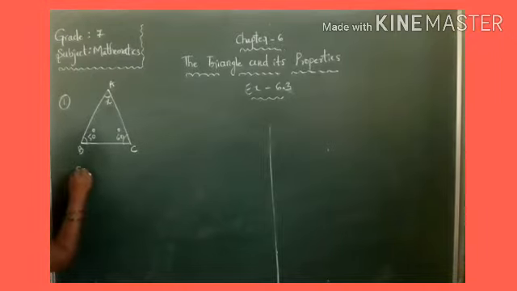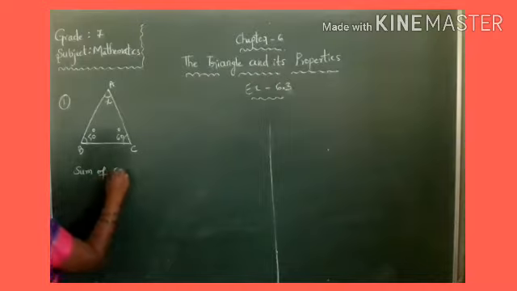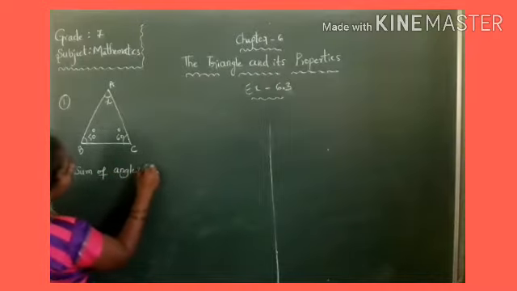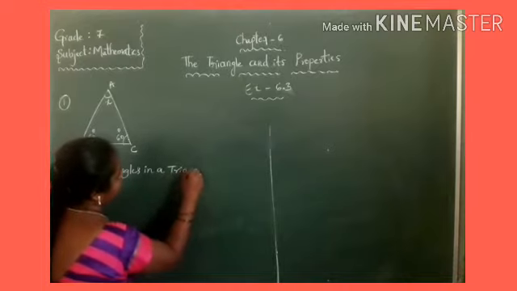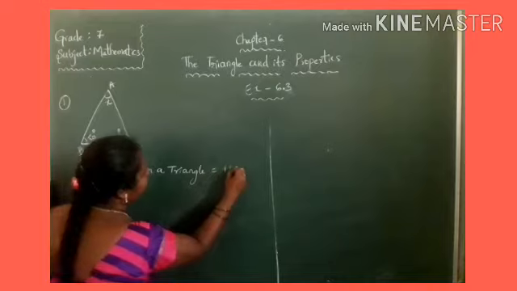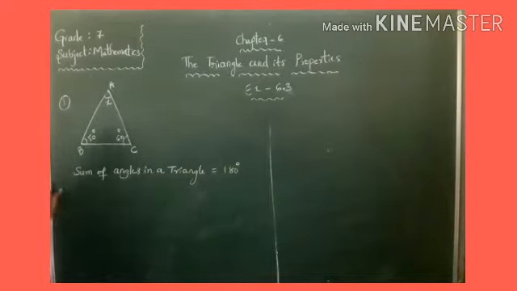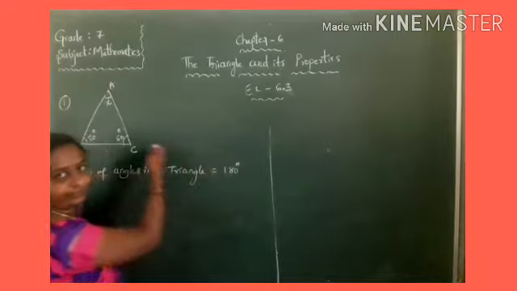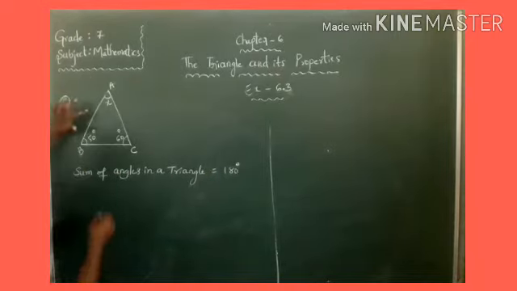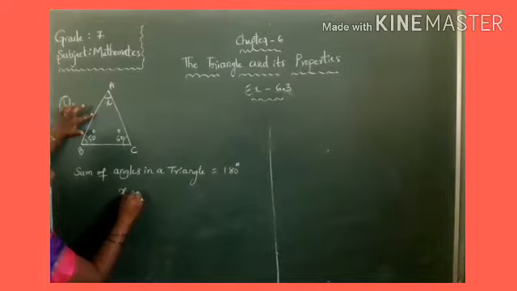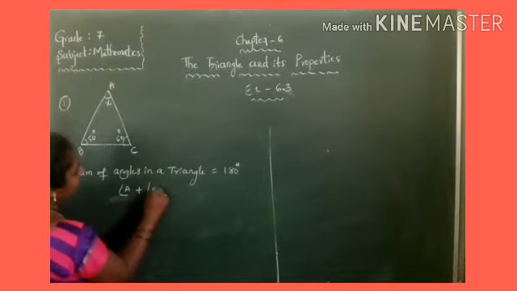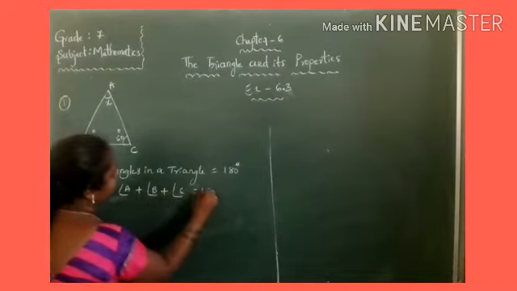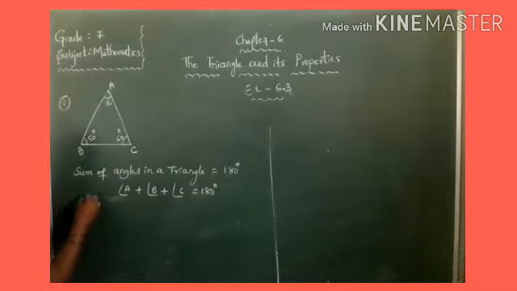We know that the sum of angles in a triangle is equal to 180 degrees, by the angle sum property. So the sum of the 3 angles, angle A plus angle B plus angle C, is equal to 180 degrees.